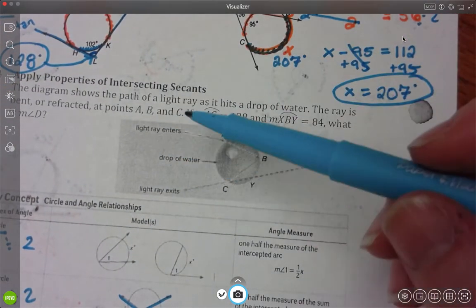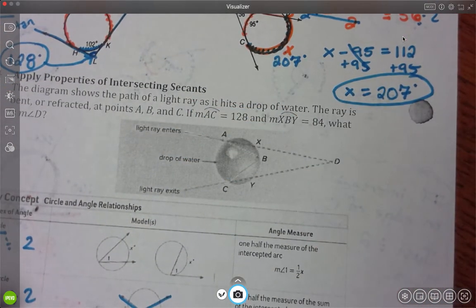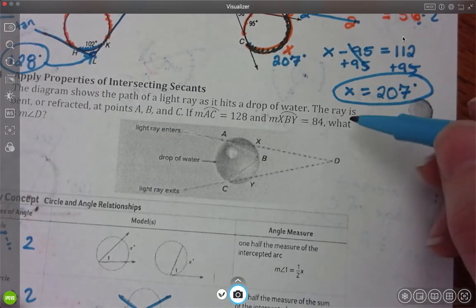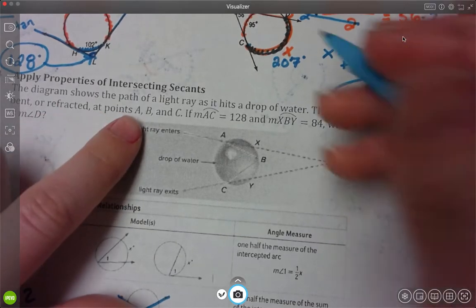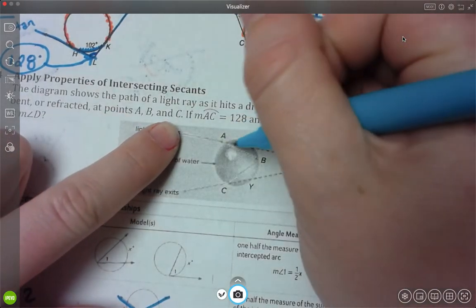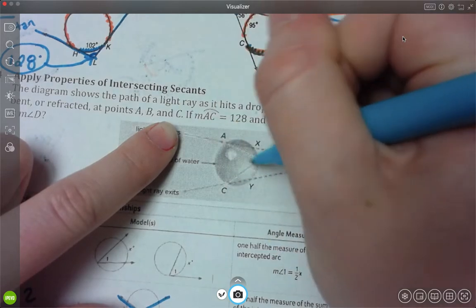Okay. All right, now the diagram shows the path of a light ray as it hits a droplet of water. The ray is bent or refracted at points A, B, and C. Okay, so the light is refracted this direction.